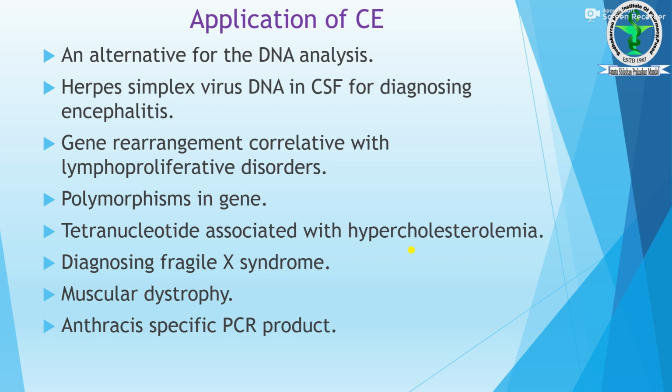Gene rearrangement correlation with the lymphoproliferative disorders we have discussed. The polymorphism in genes, tetranucleotide associated with hypercholesterolemia, diagnosis of fragile X syndrome, muscular dystrophy, and so many applications, even in PCR product studies, where we are using capillary electrophoresis.